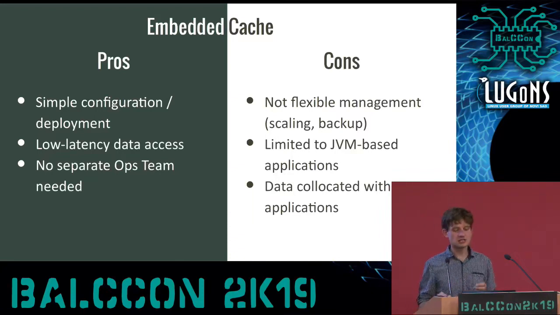However, from the downsides, the management of such cache is not flexible because if you would like to scale it up, like your cache is full, you would like to have more space, then you have to do it together with your service. It's also limited to JVM or whatever your programming language is, meaning that you cannot run one service written in Ruby, the other in Java, and they will not form one cluster because there is probably no such library.